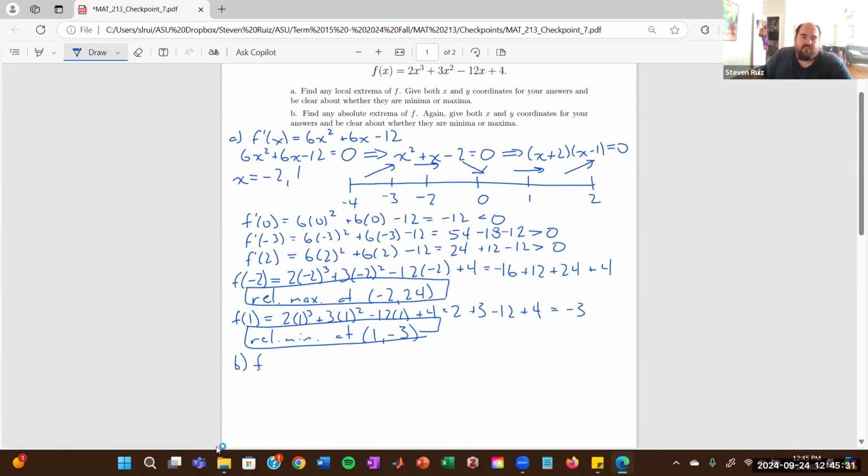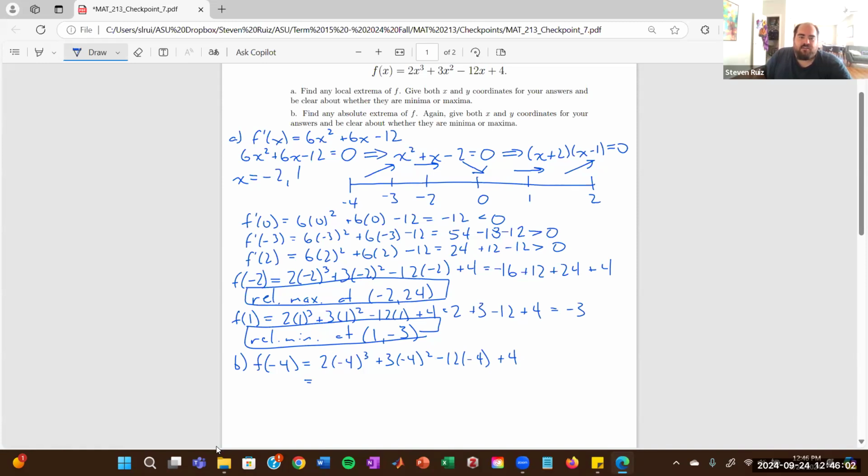What is f of -4? f of -4 is equal to 6 times -4 squared. Nope, I am using the wrong function entirely. Let's try again. 2 times -4 cubed plus 3 times -4 squared minus 12 times -4 plus 4.